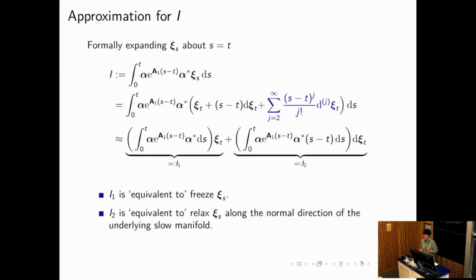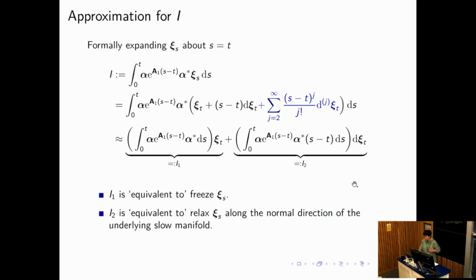We freeze the under-resolved variable. And if we keep the second term, it's as if we freeze the under-resolved variable along the orthogonal direction of the slow manifold, but let it relax on the tangential plane. So that's some geometric interpretation for each of I1 and I2.